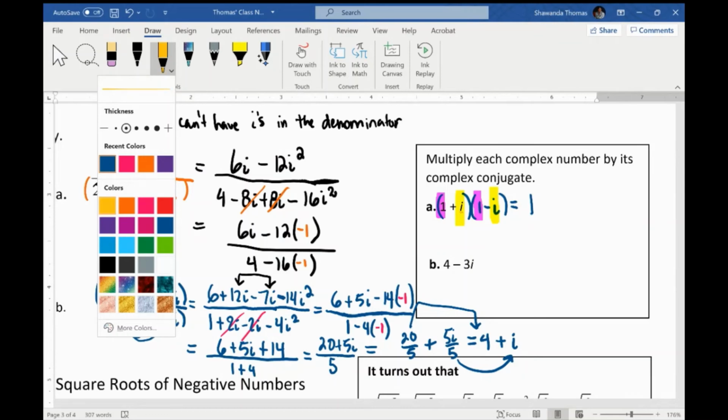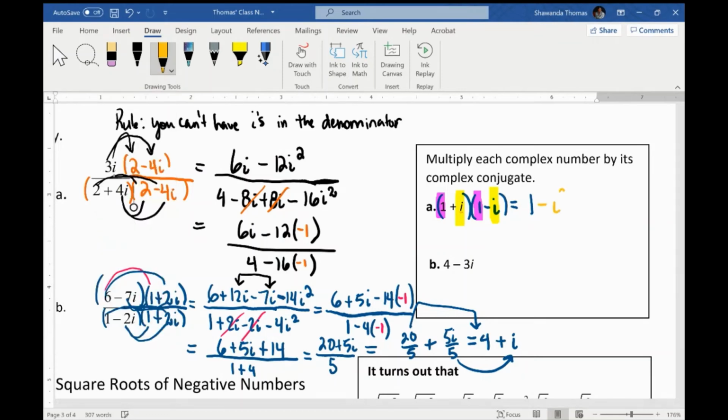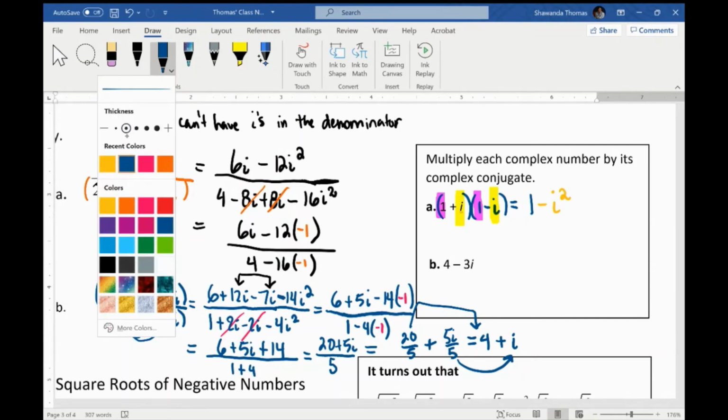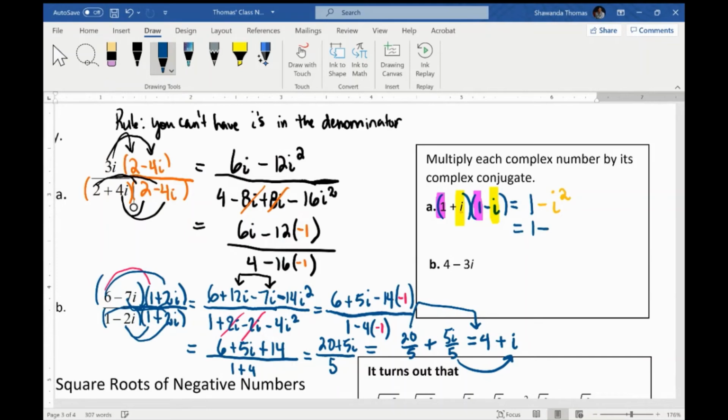Negative i squared. But we know that i squared equals negative 1, which means that's a 1 plus 1, which equals 2. You see it? The two negatives would change to a positive, plus 1.